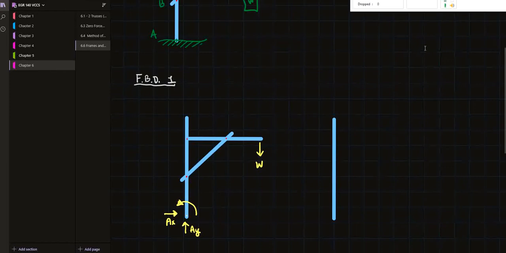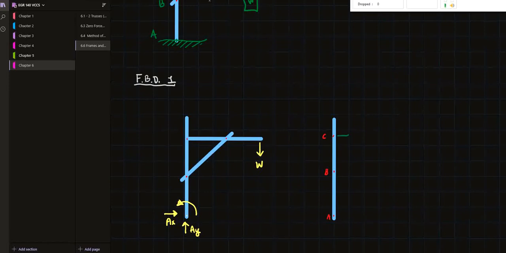So this one, we have point C and point A, and I guess this is point C, this is point B. And then I'll draw my loads on that.